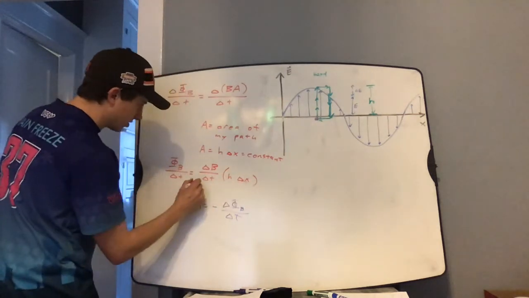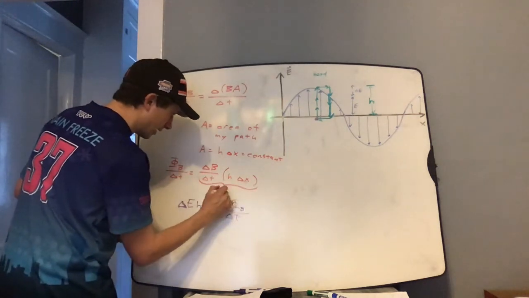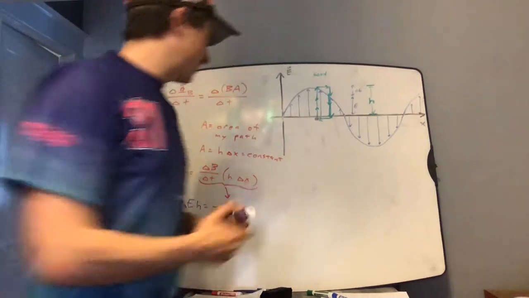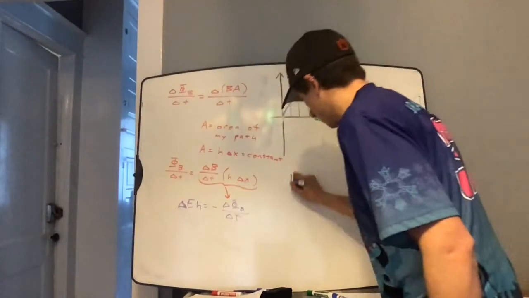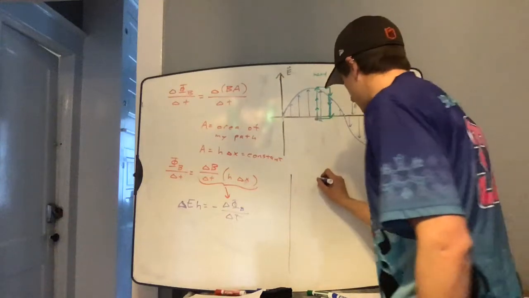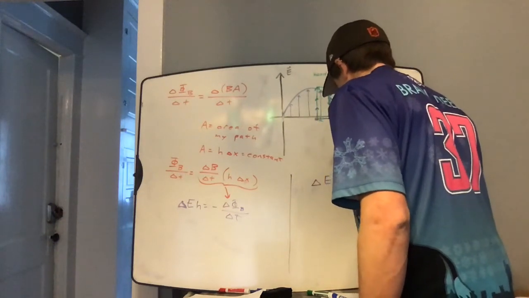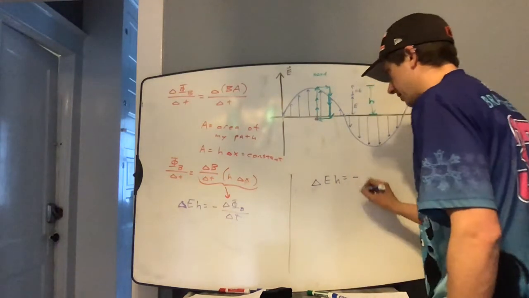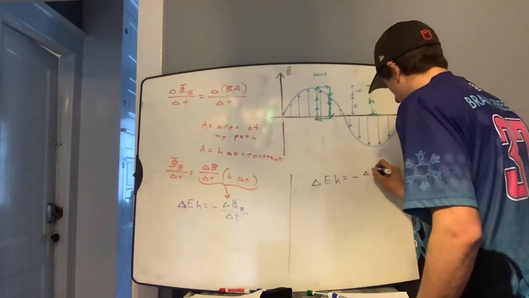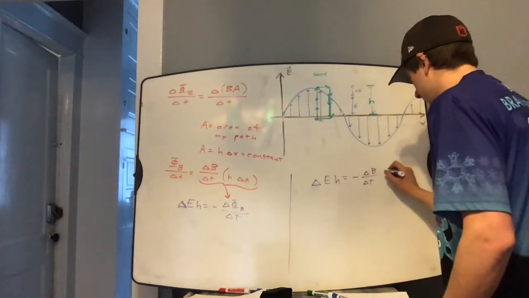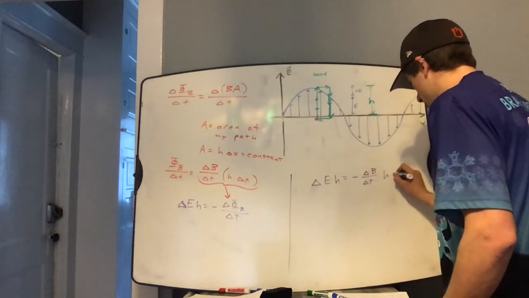So when I take this term and plug it into Faraday's law, what I find is delta E times H is equal to negative delta B delta t times H delta x.